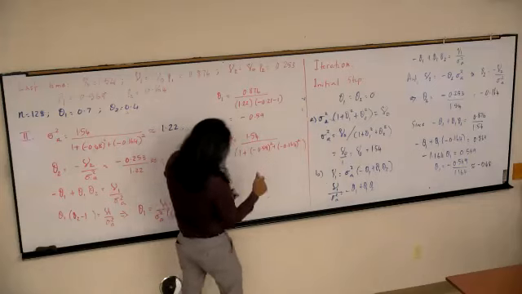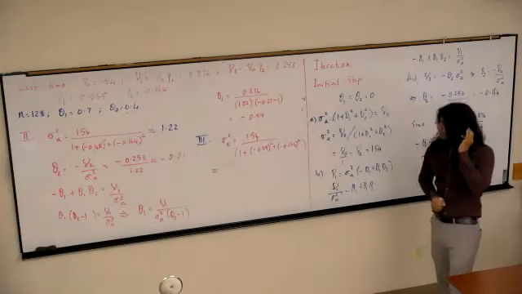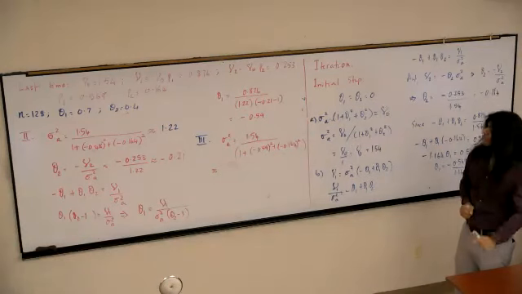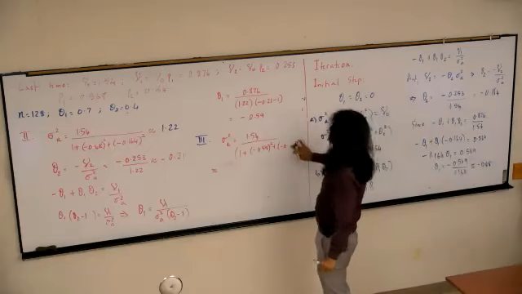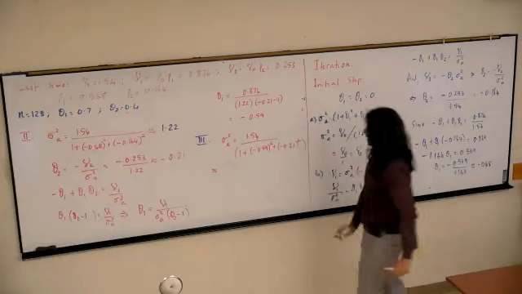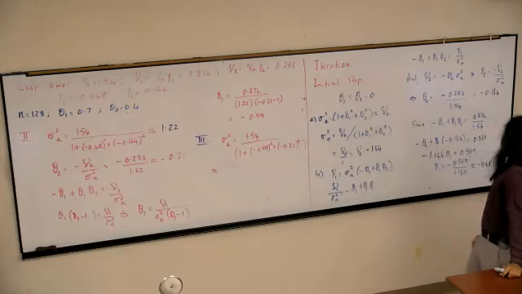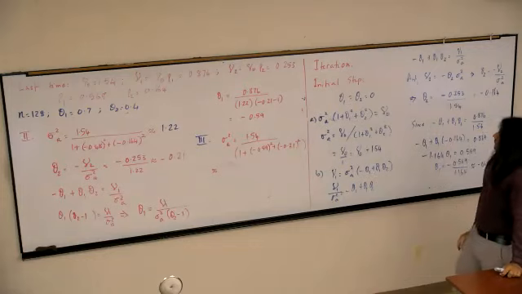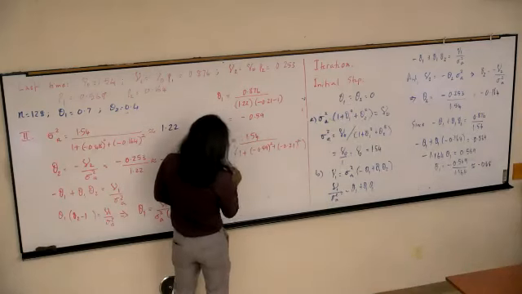Hold on, is theta 2 negative 0.1? Oh, sorry. Looking at it, okay, negative 0.21. 1.11. Okay, 1.11.